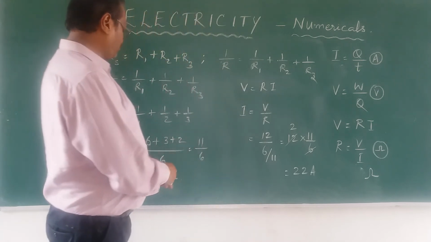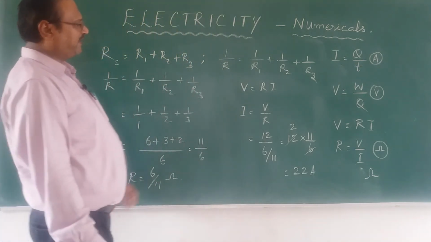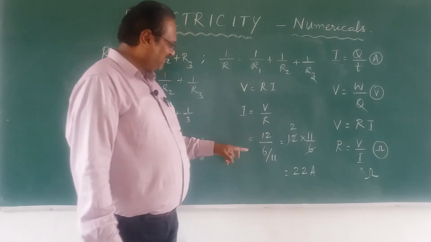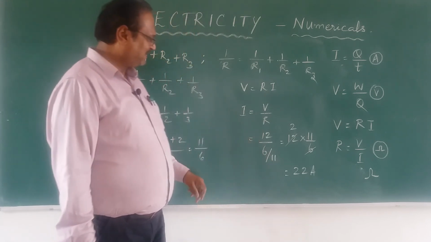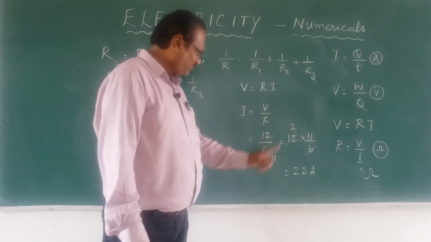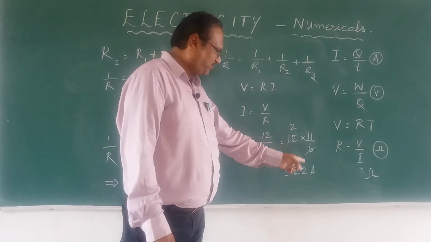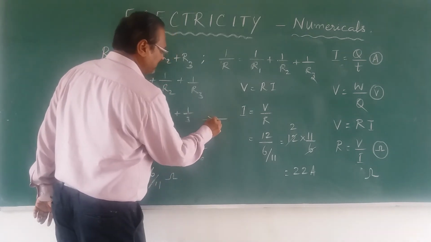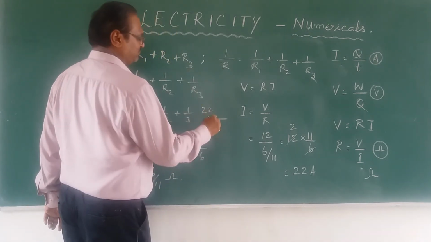Oh my God, it's going to be something wrong. Let us check it carefully. V upon R, 12 divided by 6 upon 11, 11 goes up, 11 upon 6 times 12, 2 times 11, that is 22. Now it is 22 ampere from the whole value, right?